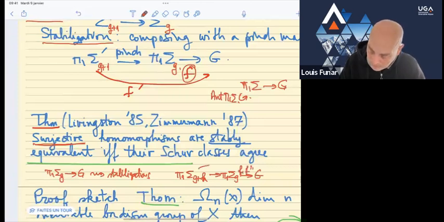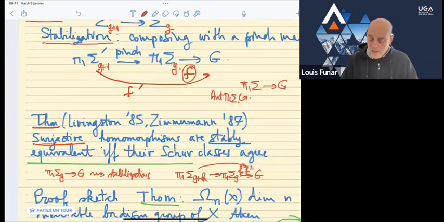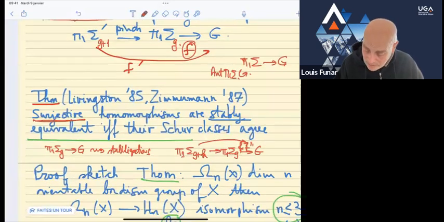And we are looking here at whether these are equivalent, meaning up to conjugacy on the right side and the action of the mapping class group on the left side, they should become the same. So these are stably equivalent, and for stable equivalence, the theorem by Livingston and Zimmermann from the 80s is that this is the same thing as the fact that the Schur classes agree.